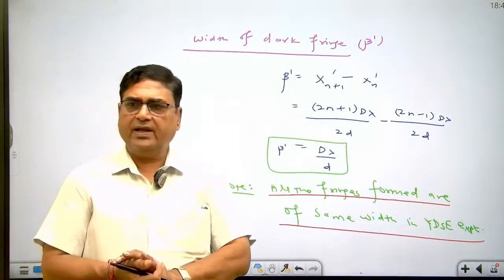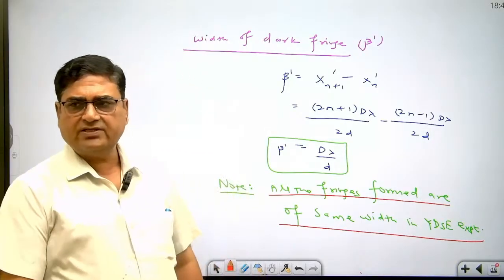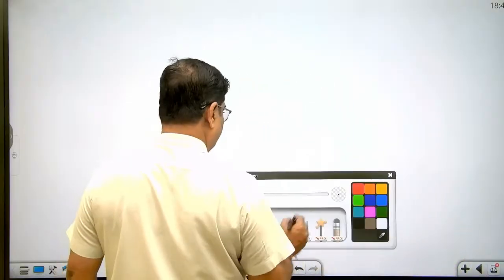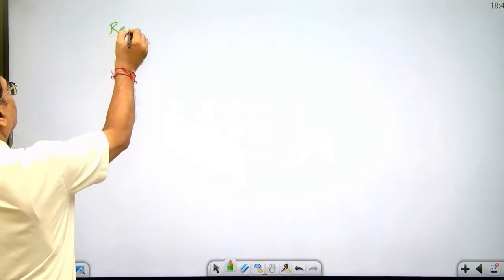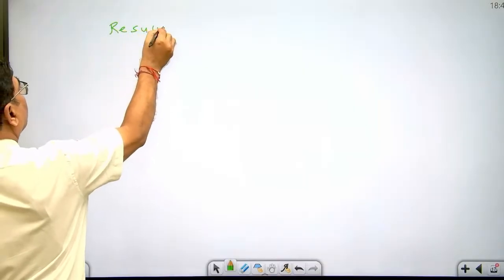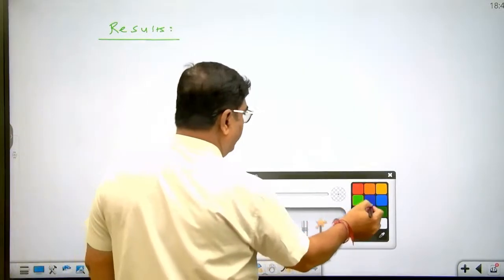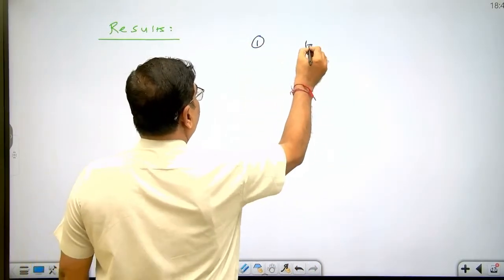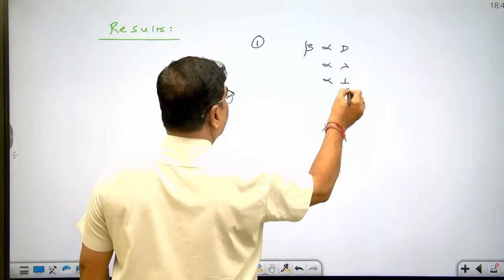Now we will be looking at very important results on which numerical problems are based. Okay, let's start one by one. Dear student, what are we observing here? This is the first result: beta proportional to D, proportional to lambda, proportional to 1 upon d.